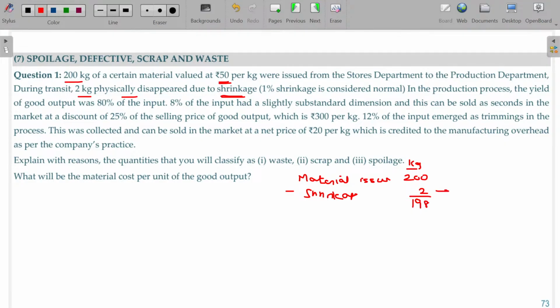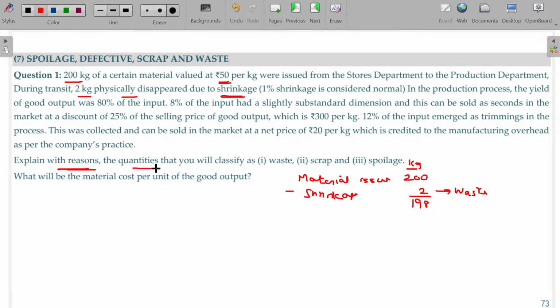Come on, tell me. Shrinkage is part of what? In case of loss of raw material, it may be only due to 2 reasons. One is waste, another one is scrap. Scrap will be the residue of the manufacturing process, comes only after the process. But in case of waste, during the process, then it is what? Waste.